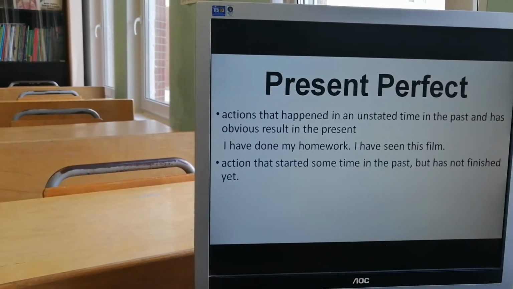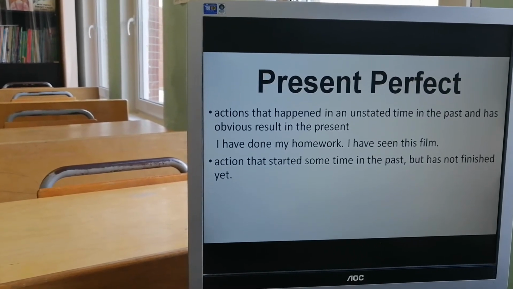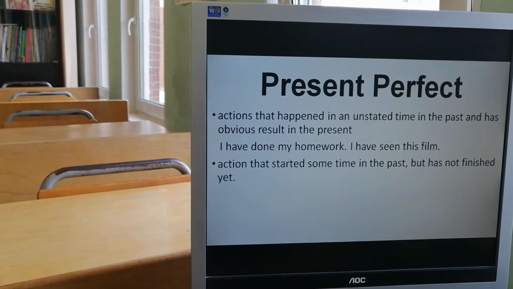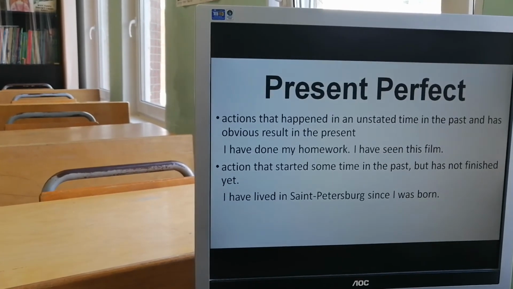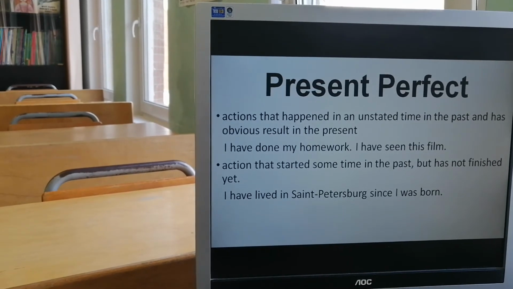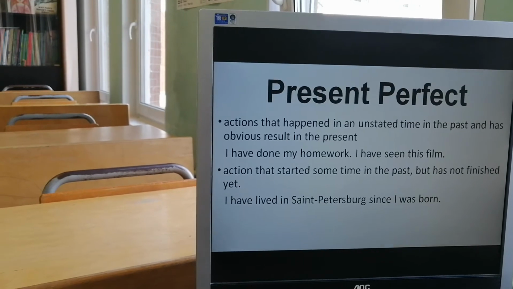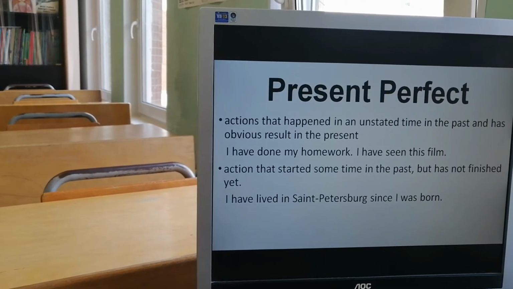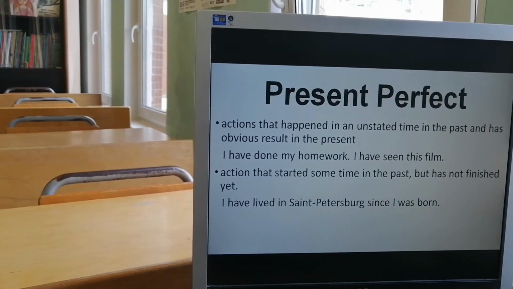Next, an action that started sometime in the past but hasn't finished yet. Like, for example, I have worked in this school for 5 years. I started 5 years ago. I am working here now and I am planning to work here some more time.